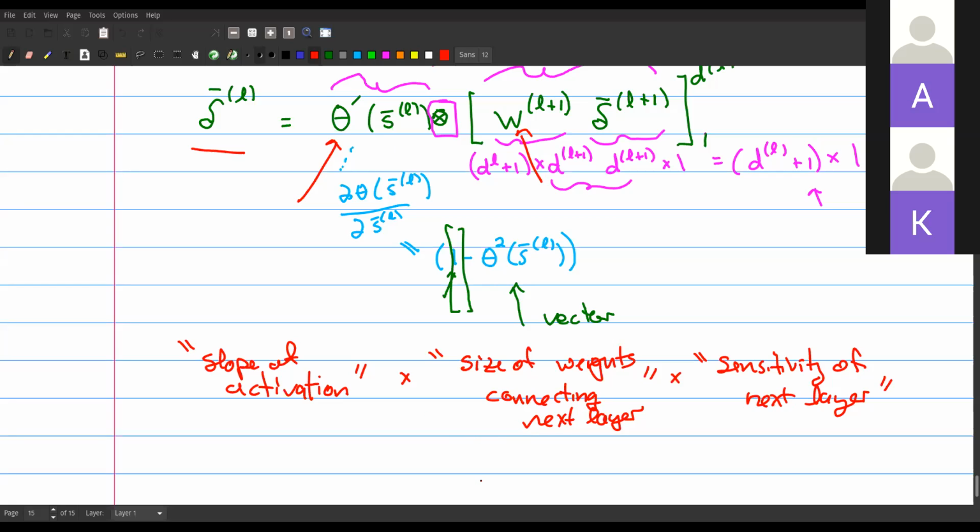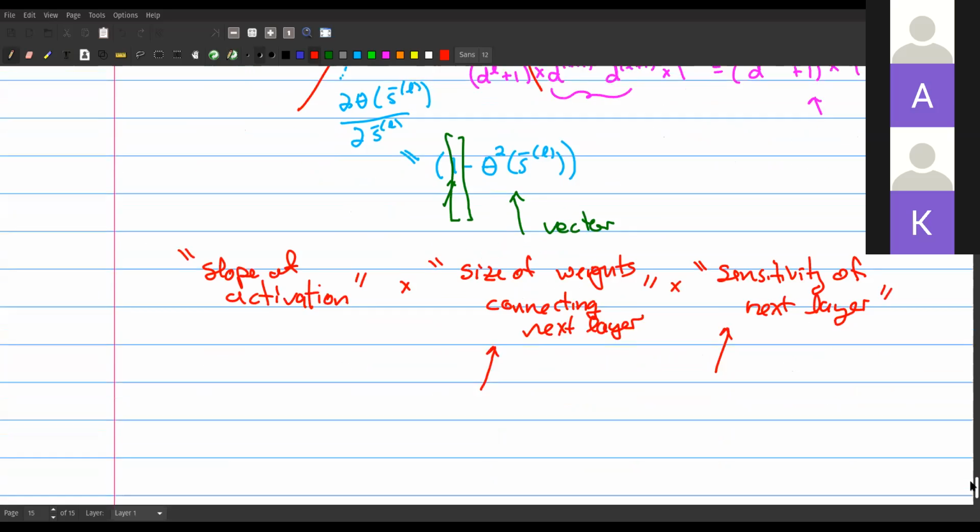And if you get bigger weights, this should make the sensitivity more. And if the next layer is more sensitive, then the current layer should up its sensitivity. So this is how the sensitivity of the current layer depends on the sensitivity of the subsequent layer.